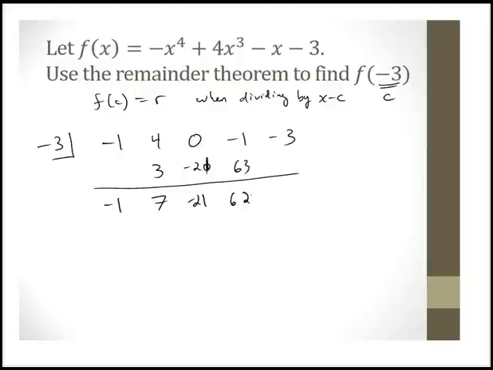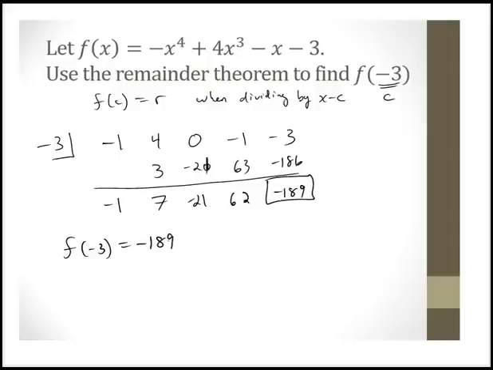It's a negative 186, so that's negative 189. So the remainder is negative 189. Therefore, f of negative 3 is negative 189. I didn't have to do anything with exponents. I could just use synthetic division.